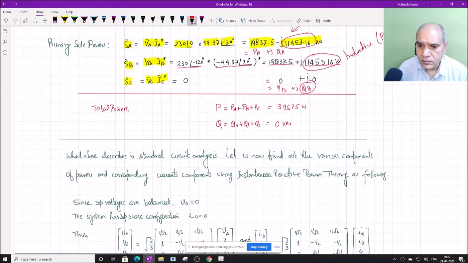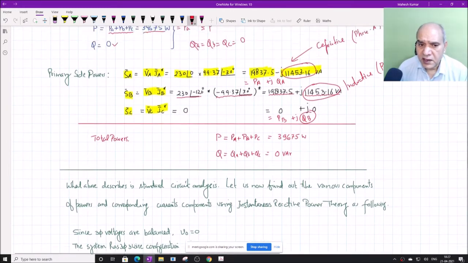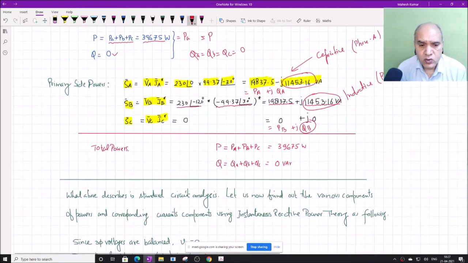Okay, so what do we see? If we add the total power P, PA plus PB plus PC here, then it will be the same as the secondary one, 39,675 watts, and Q will be equal to QA plus QB plus QC. Make them capital because this is the primary side, so this is QB, this is QC.